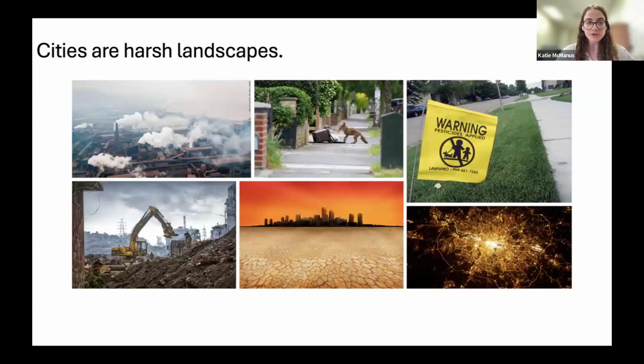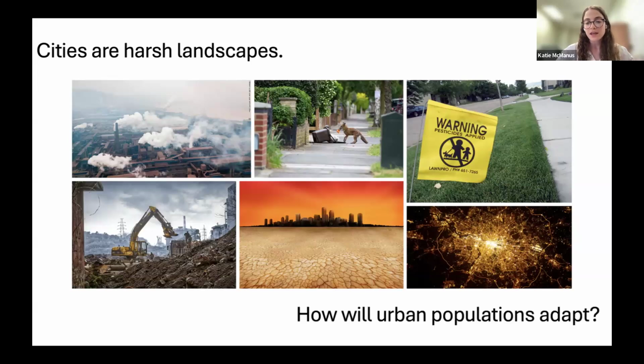Urbanization produces unique landscapes that have a unique combination of selective pressures. These include increased air pollution, altered levels of nutritional resources, increased immune and metabolic stressors, higher temperatures due to the urban heat island effect, and barriers to dispersal. This begs the question of how urban populations will adapt to survive.